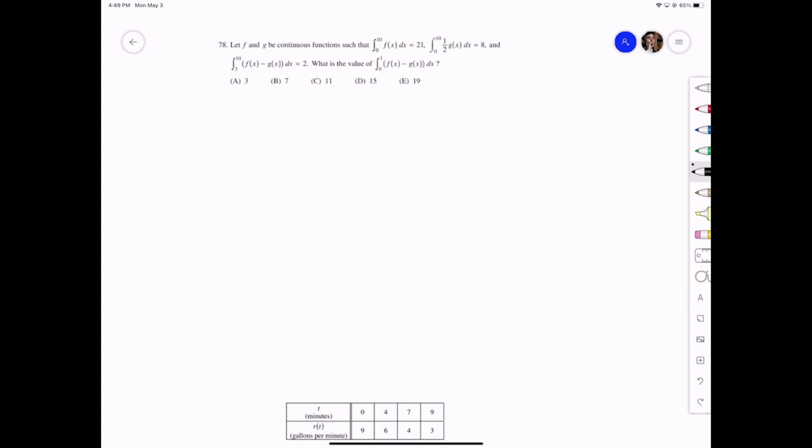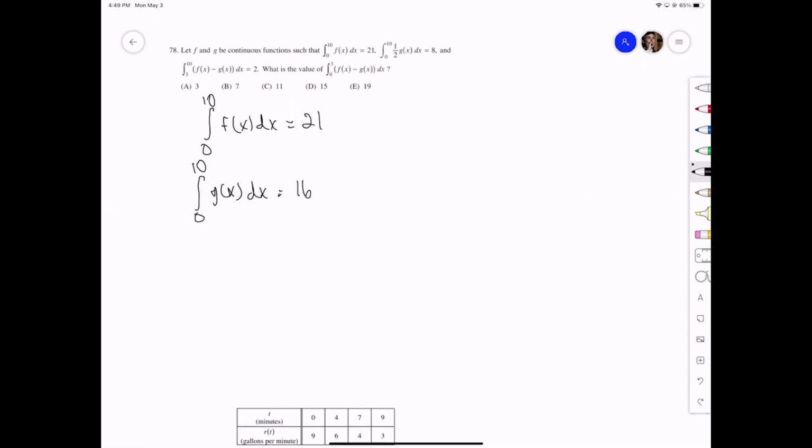Okay. So 0 to 10 f of x dx equals 21. And let's say that from 0 to 10, the integral of g of x dx equals 8 times 2, which is 16.